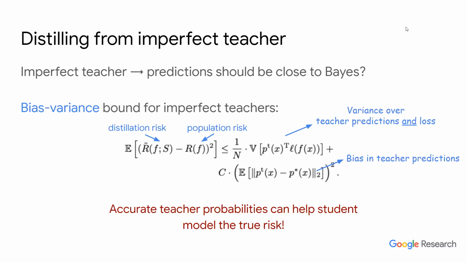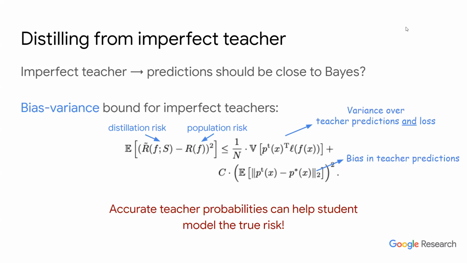This is the bias of your model, and the first term is the variance of your model. When you have a complex model, the variance will be high, and the bias will probably be small, and vice versa. I'll go over some more details, but basically the gap between these two is defined by the bias and variance of the teacher.